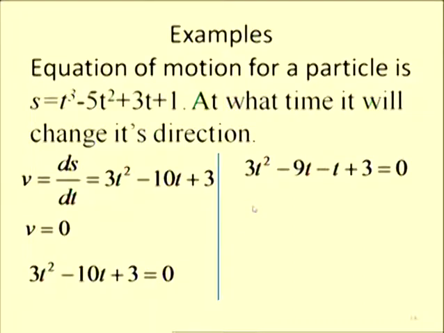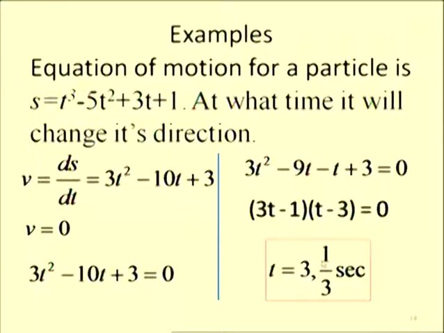If we take 3t common from the first two terms, we have 3t into t minus 3, minus 1 into t minus 3. So 3t minus 1 into t minus 3. These are two factors. So we get either t minus 3 is equal to 0, or t is equal to 1 by 3. So we got two values, t is equal to 3 and t is equal to 1 by 3 seconds. These are the times where v becomes 0.